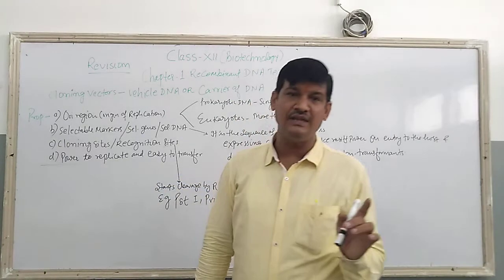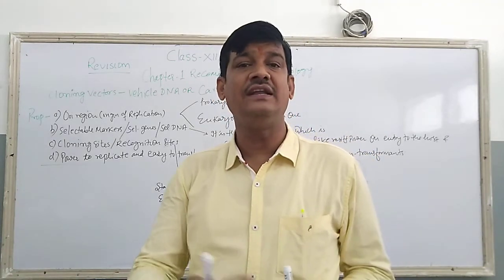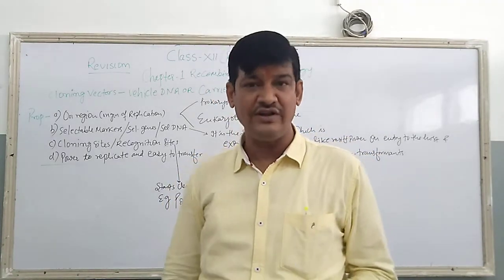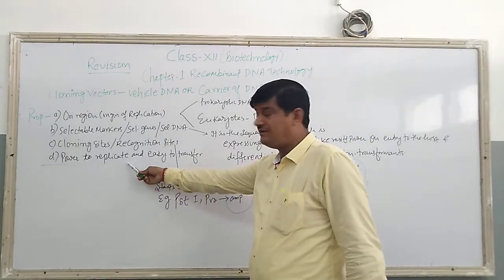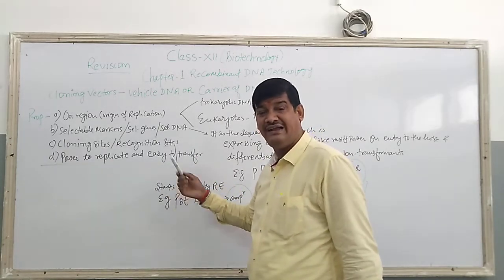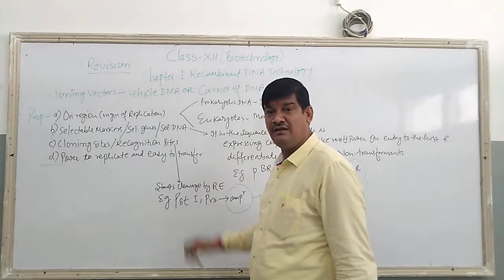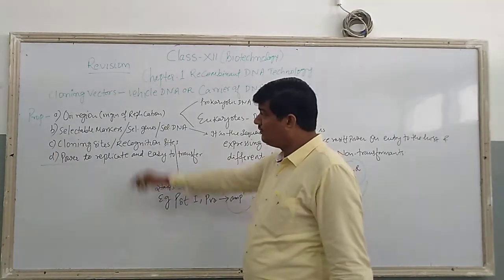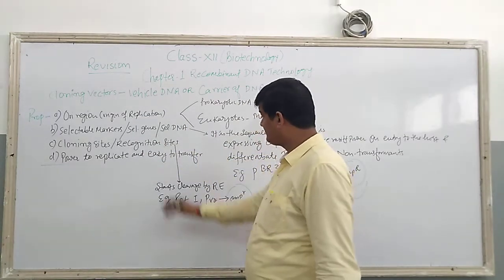I told you the meaning of replication: it is the power to make DNA copies from the DNA strand. So it must have the power to replicate and be easy to transfer. It must be very convenient to handle and to transfer into a suitable host cell. So these are the properties of all the vectors, just as I told you.